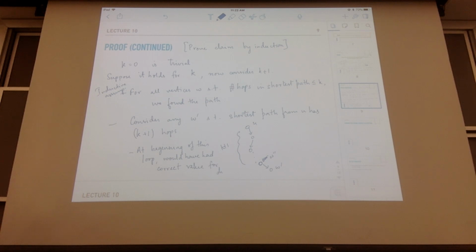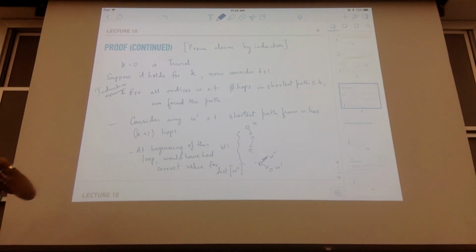For the distance of W double prime, by the inductive assumption. Yeah, by the inductive assumption, you would think that this should immediately follow, right? It's almost true, except that you have to argue that the shortest path from U to W double prime has at most k hops.